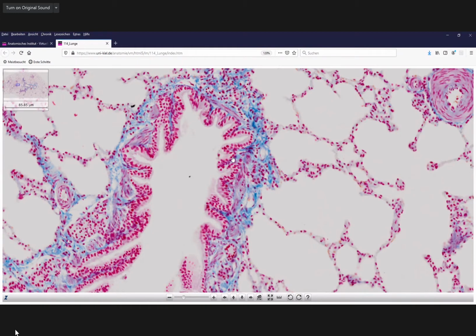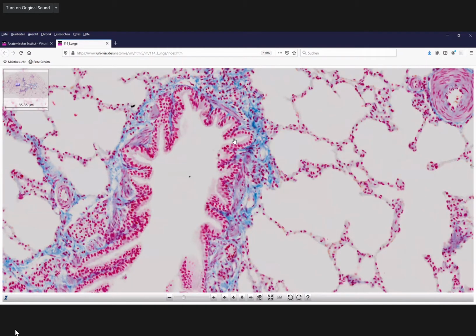But now, when it branches more and more and it becomes bronchioles, the epithelium will change from a pseudostratified one to a simple one, which then will become more and more flatter. So at the beginning, it's still kind of columnar, and then it will be for quite some time just cuboidal.